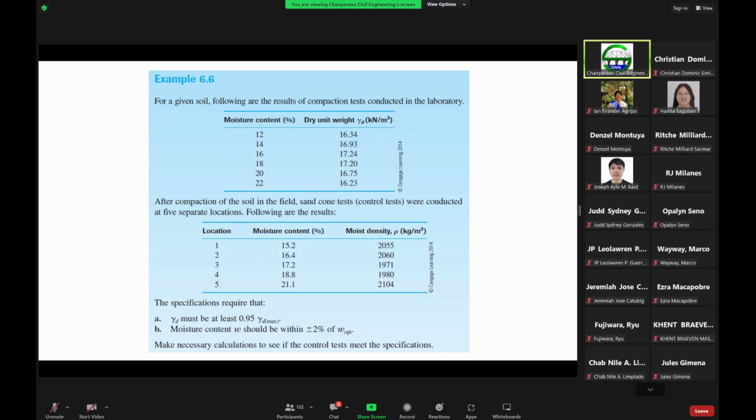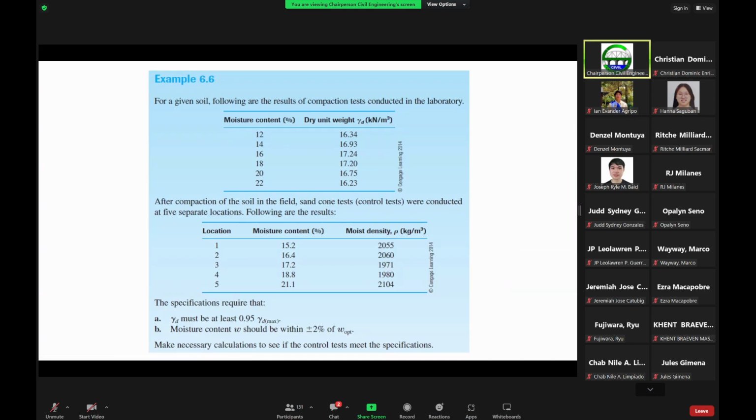With the sand cone test, you were able to determine the moisture contents as well as the moist density, which we presume we already know how to do from the first and second examples.